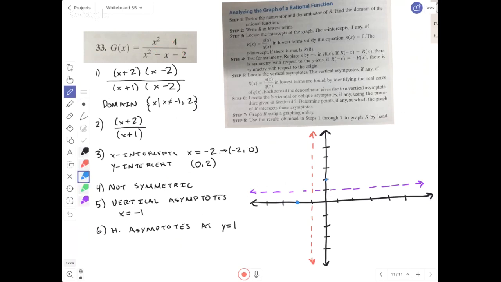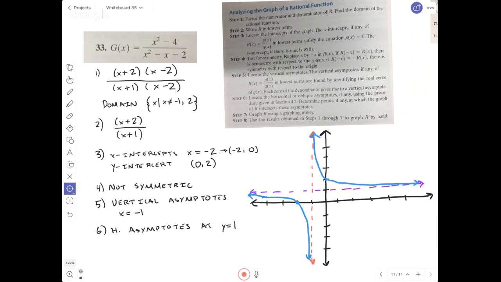So we're below the asymptote, approaching. I'm crossing at this x-intercept because it has multiplicity of 1. I'm coming down here. I'm popping back up because I'm changing sign. Come to that y-intercept. I don't go down below. I'm just approaching over here.